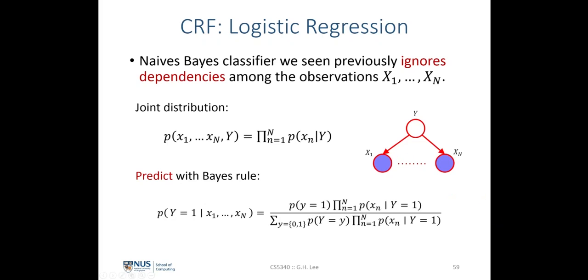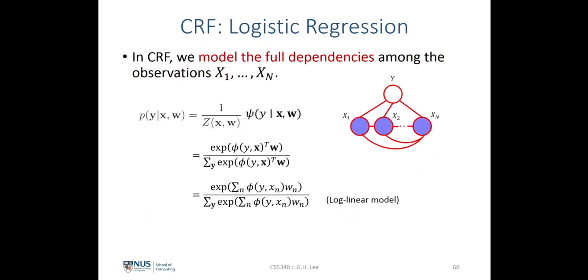So here in the naive Bayes classifier, we assume that x_1 all the way to x_n, which are our observed random variables, are conditionally independent given y over here, and hence we can factorize it into this particular form, and we predict using Bayes rule, as denoted by this expression over here. This should be a small y over here.